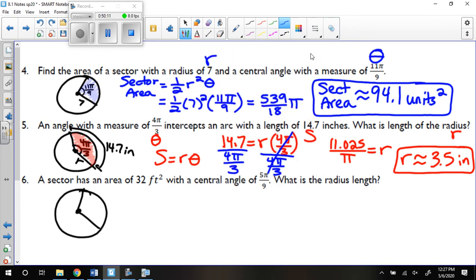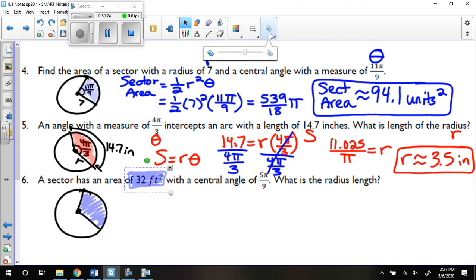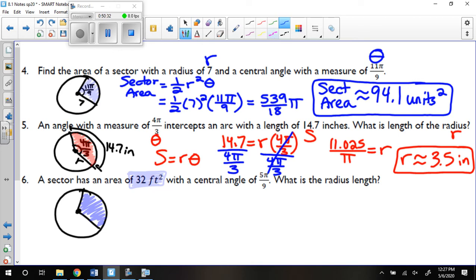So the blue shaded region is 32 feet. So that area is 32 feet.